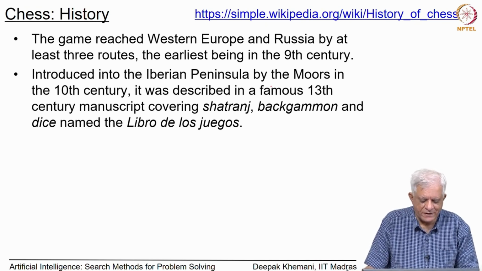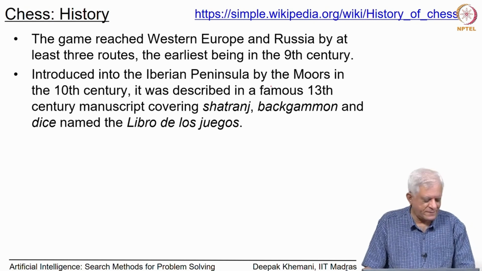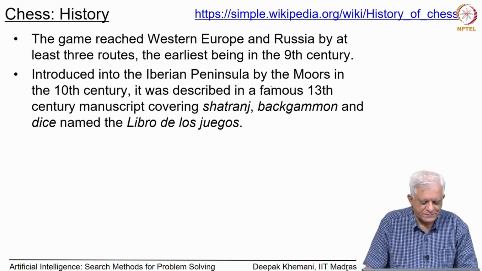It was described in a famous 13th century manuscript covering Shatranj, which is what we call chess, and backgammon, which is a game played with dice, named Libro de los Juegos. If you understand Spanish, I do not.